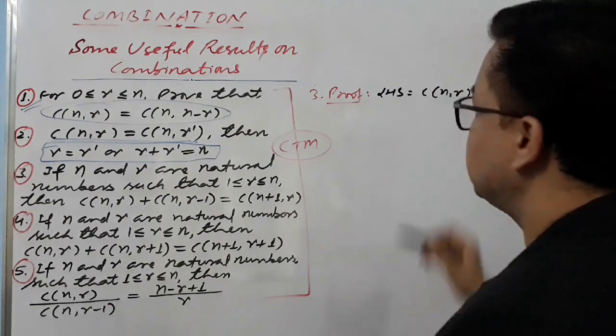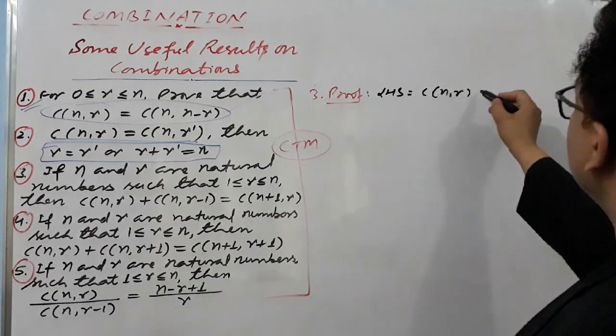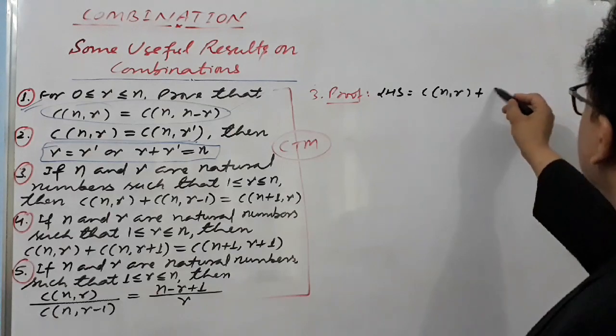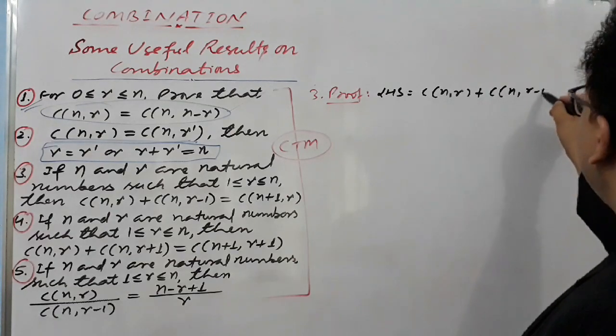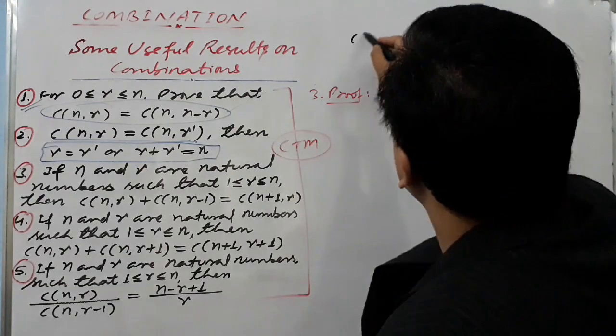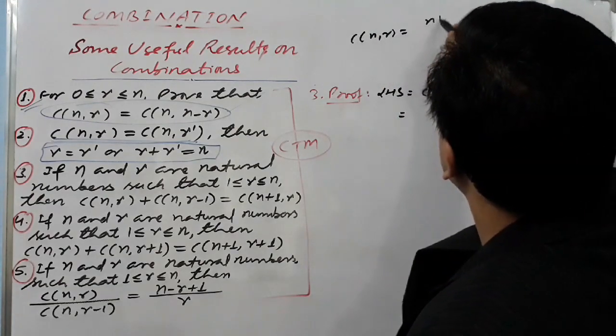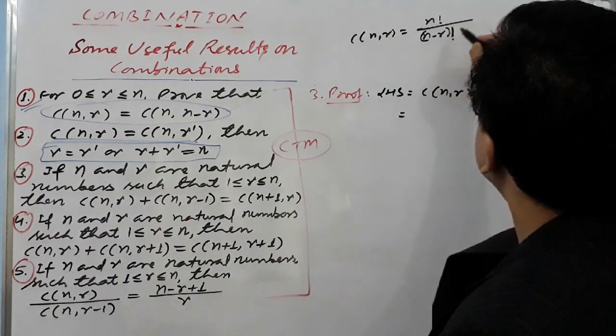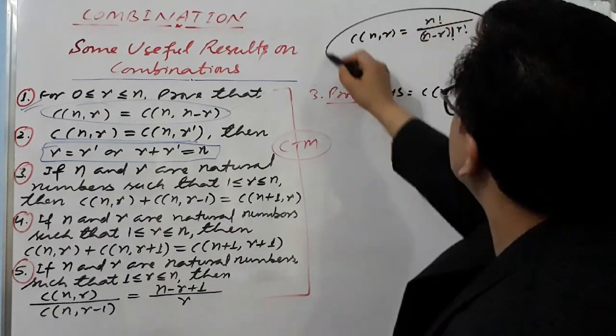Very important result we use in proving the binomial theorem also. C of n comma r minus 1, just as we know, C of n comma r is equal to n factorial upon factorial of n minus r into r factorial.